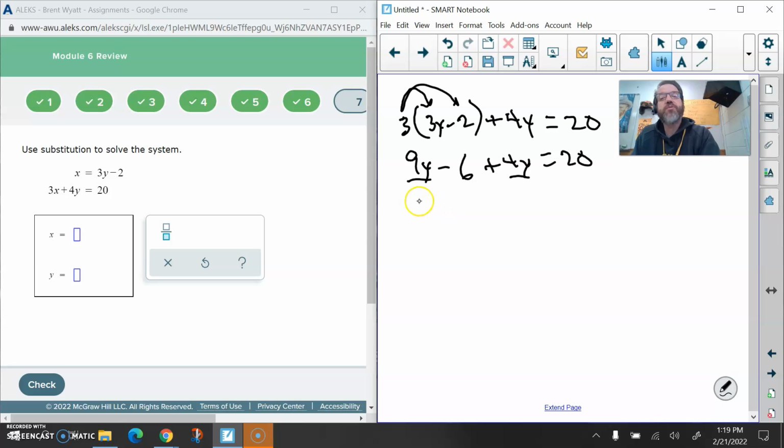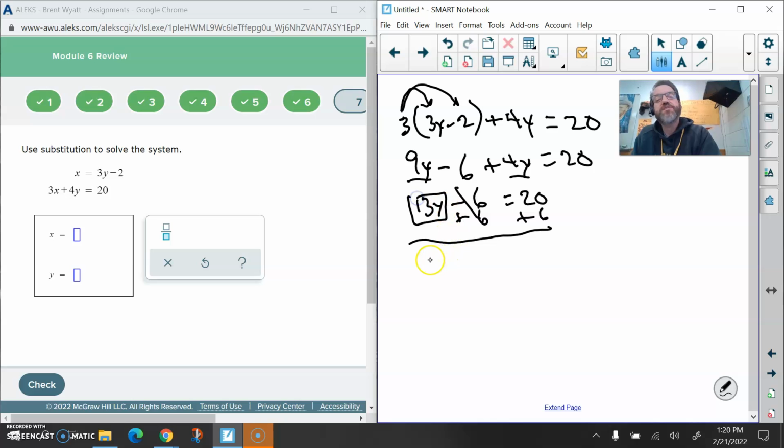So 9y plus 4y is 13y. I still have minus 6 here, equals 20. Then I add 6 here, and also on the right side I add 6. That eliminates this and leaves me with just 13y on the left side, and it equals 26. Then I divide by 13.